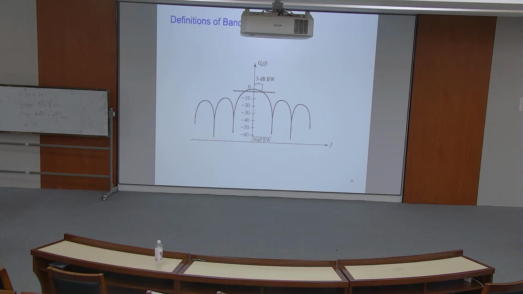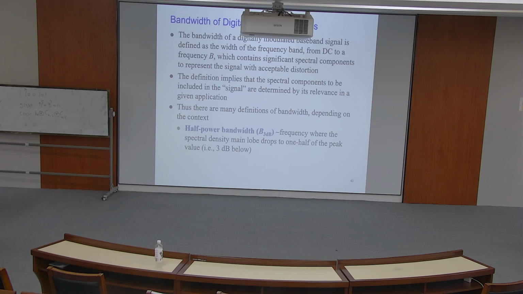So here, this is that 3 dB. This is the power spectral density, right? And this one below is basically the null bandwidth, and this is the 3 dB bandwidth, or half power bandwidth.